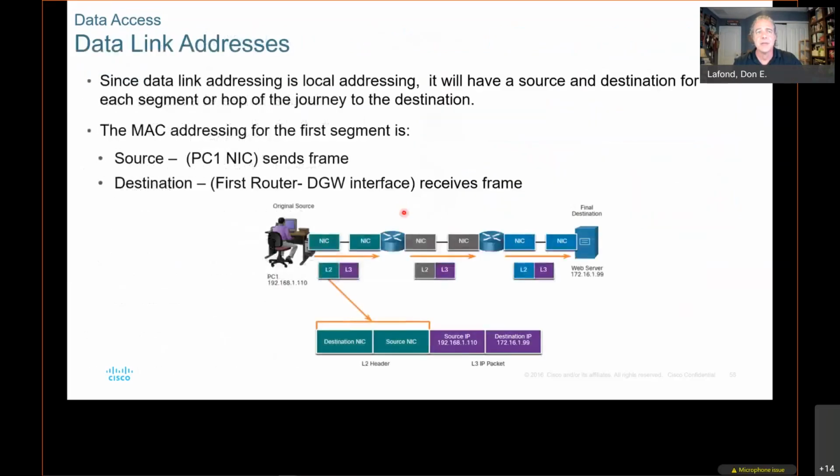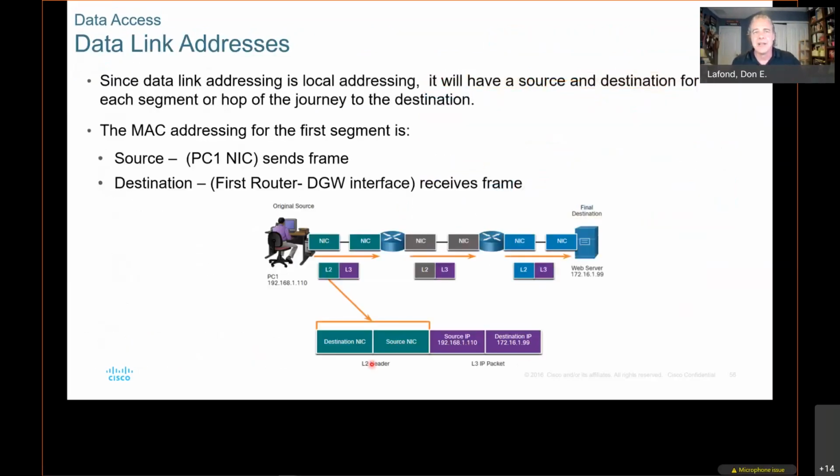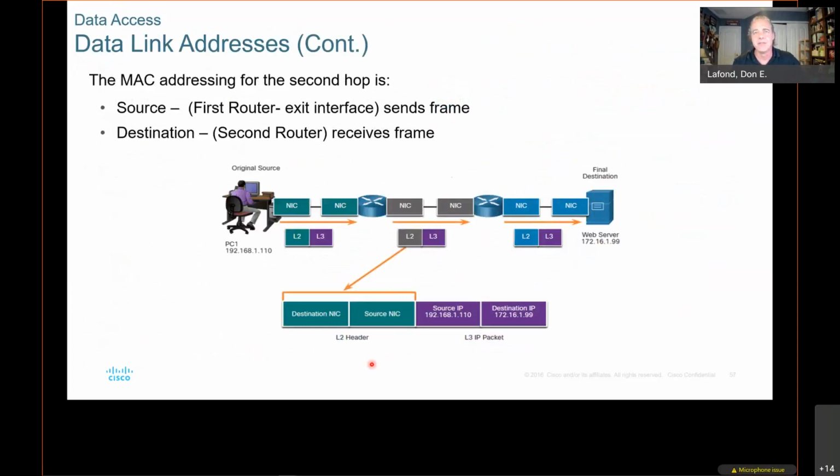All right. Again, it says, while layer 2 local addressing will change from link to link or hop to hop, the layer 3 address remains the same. That sums it up. Hopefully, you can understand this concept without trying to understand these slides that did nothing but confuse me when I was learning the concept.